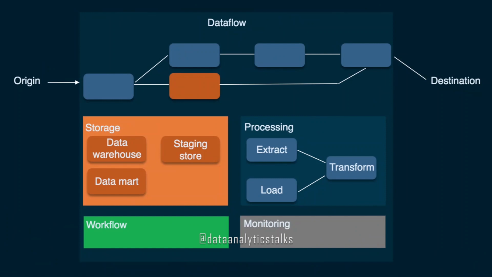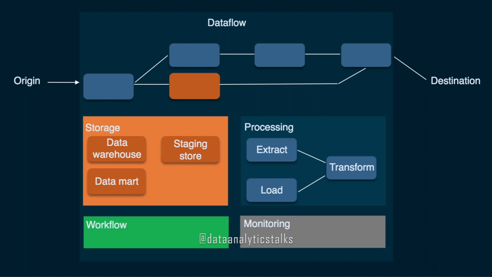You will have to manage the storage. You will have to manage the processing. Once you have brought the data into a staging layer, you will have to manage the extraction, the transformation, and finally the loading to the destination. So in the ecosystem, you will have to manage storage, the data warehouse, the staging store, the data mart.